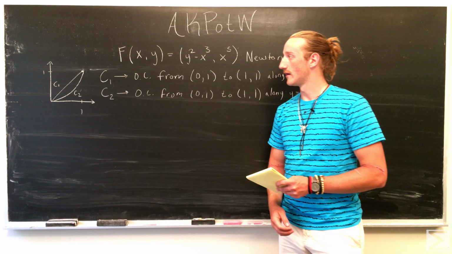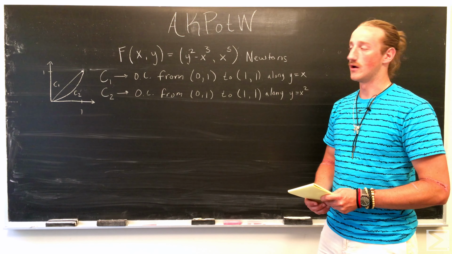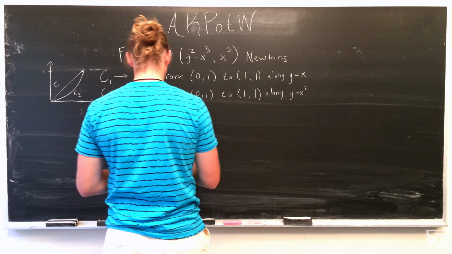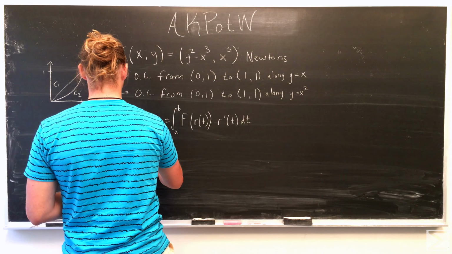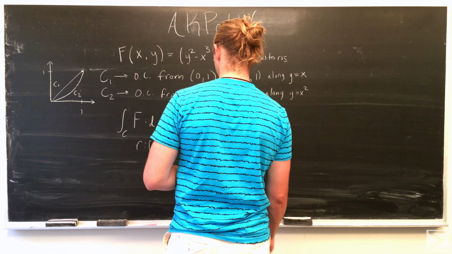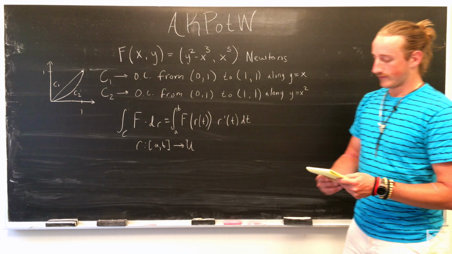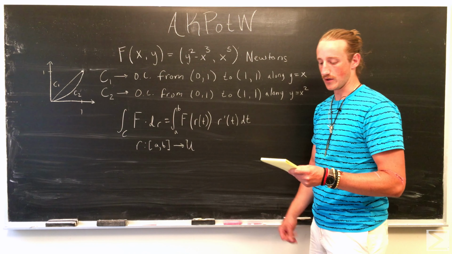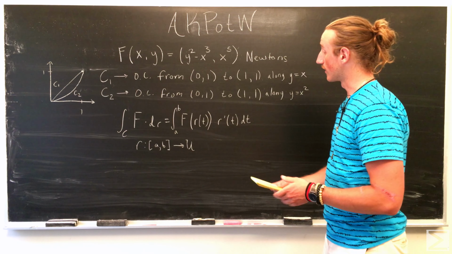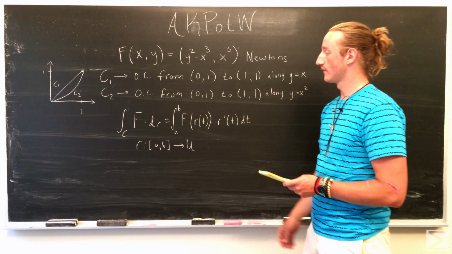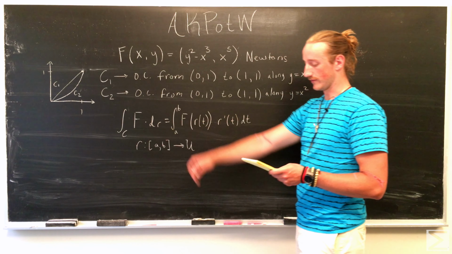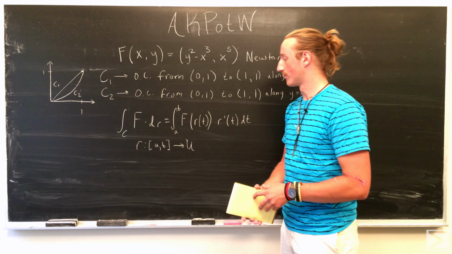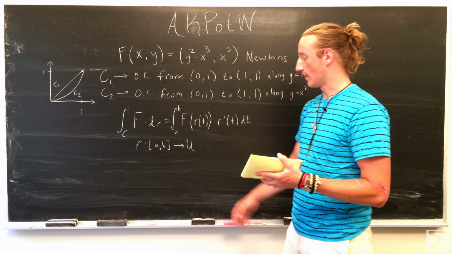First we're going to look at the formula to calculate the work done by a force field. This is the definition of a line integral along an oriented curve C. It's the force times the derivative of a piecewise regular parameterization of the curve.